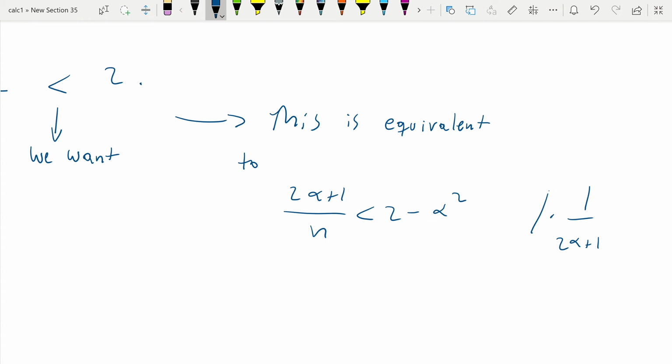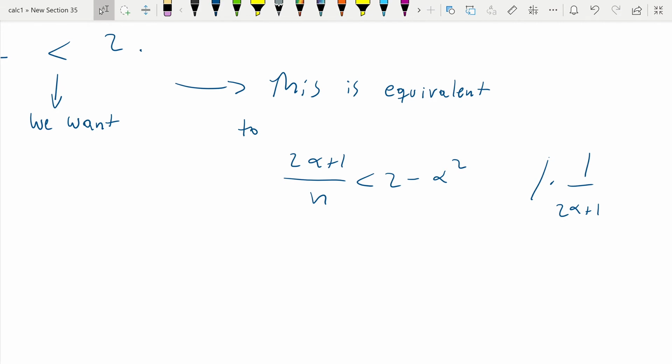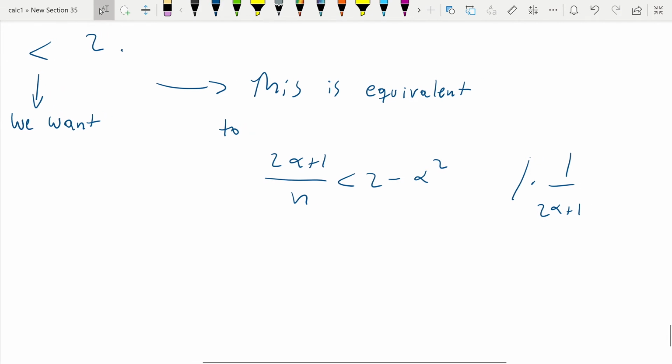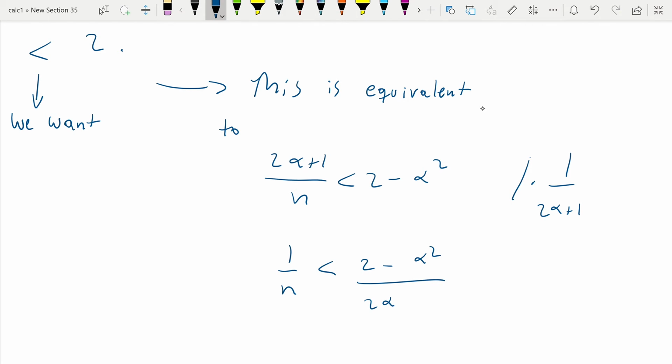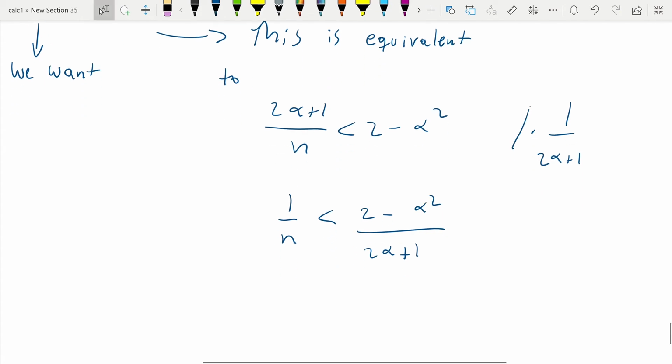Remember the alpha is the supremum, so it's a positive number, because that set T contains 1, for instance. So this is equivalent to asking us to find a number n such that 1/n is smaller than this number on the right.